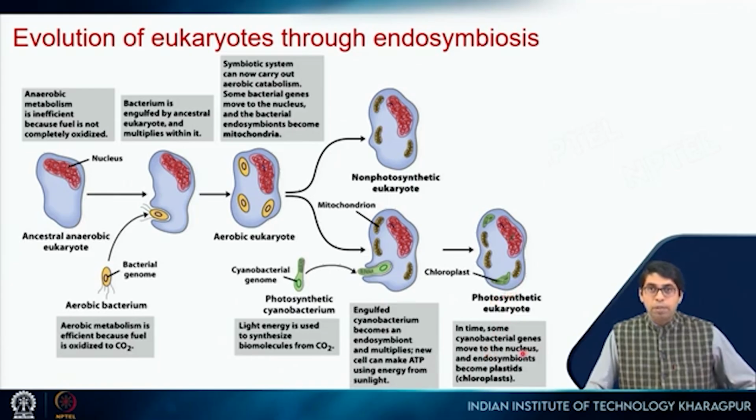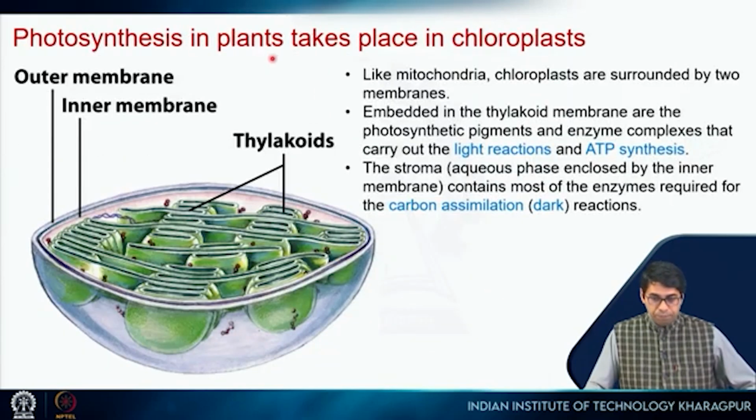So in time, some cyanobacteria genes move to the nucleus and endosymbionts become plastids or chloroplasts, right. We are going to look at these chloroplasts in more detail today, because this is where photosynthesis happens. So photosynthesis in plants takes place in the chloroplast, right.